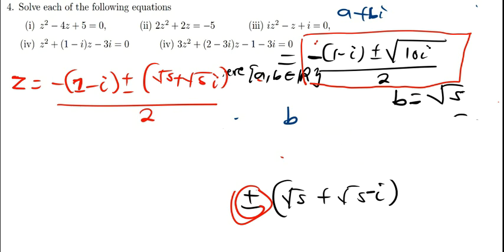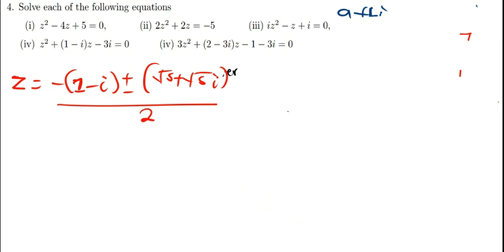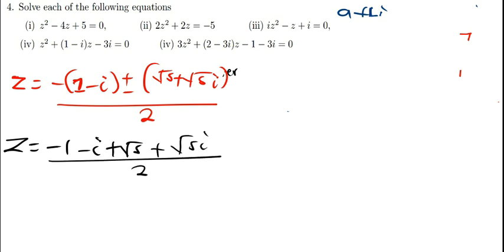Now I go ahead and find my final answers. So in this case, we'll say z will be equal to, I open the brackets, it will be negative 1 minus I. Here I'll use plus now in between, plus the square root of 5, again plus the square root of 5i. Divide this by 2. Or z will be equal to, again, negative 1 minus, no, this has to be plus.